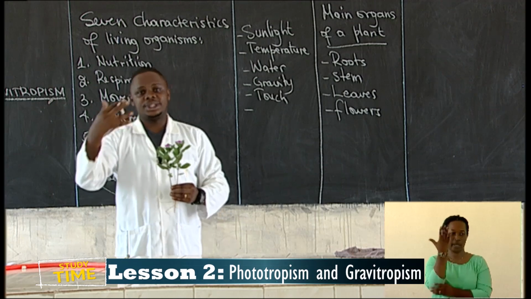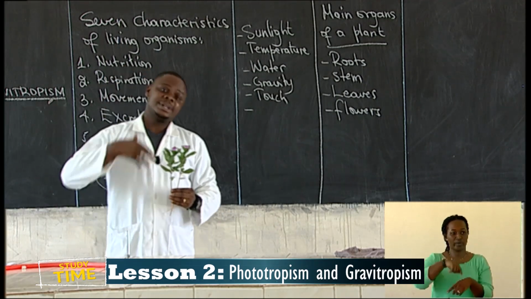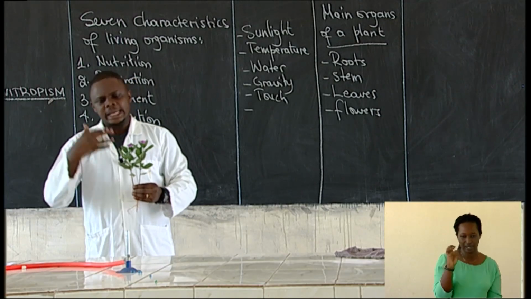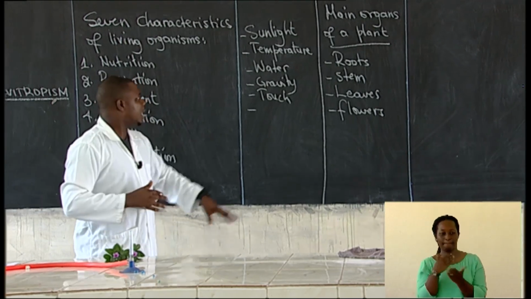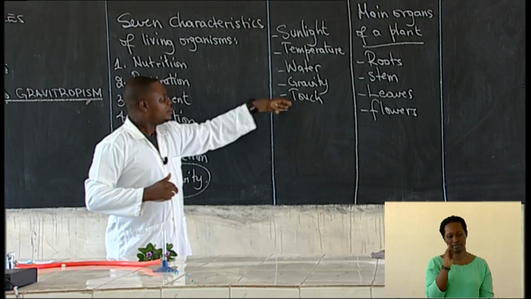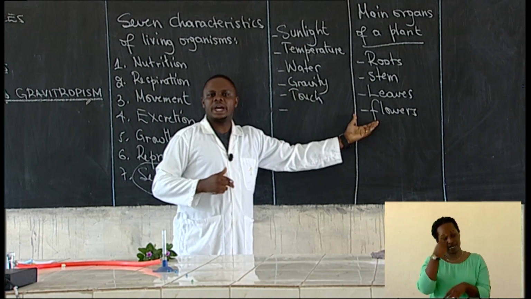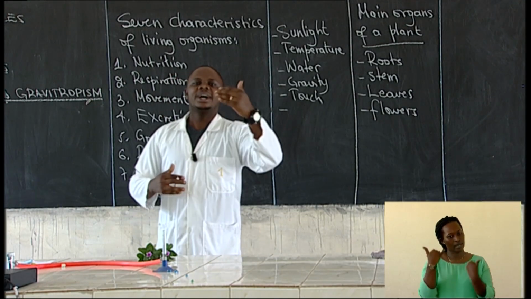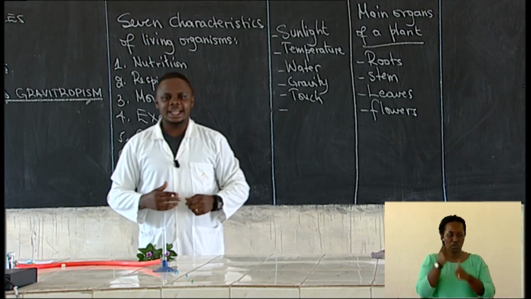Of course, when we continue, we can think about seeds and other parts of a plant. Now, we have talked about the stimuli. We have also talked about main organs of a plant. My question is, which one responds to the other?